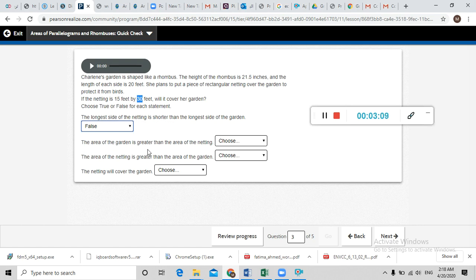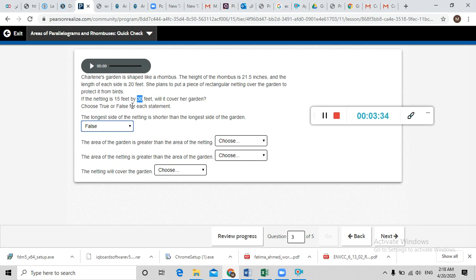The area of the garden is greater than the area of the netting. Or the area of the netting is greater than the area of the garden. Let's find the area of the netting and the area of the garden. Area of the garden: base, which is 20, multiplied by height, 21.5, equals 430 feet squared.